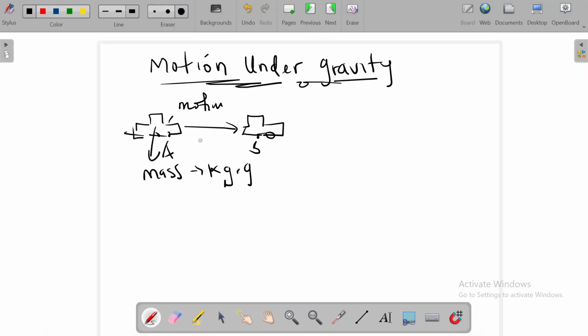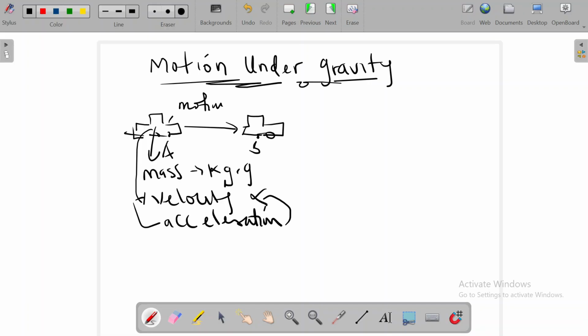But it is extremely important to take note that the car has mass and the car has to move with either a velocity or acceleration, in which case acceleration is just simply the change in velocity over time.